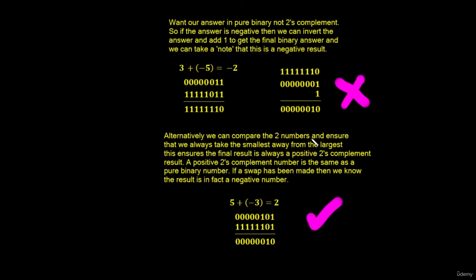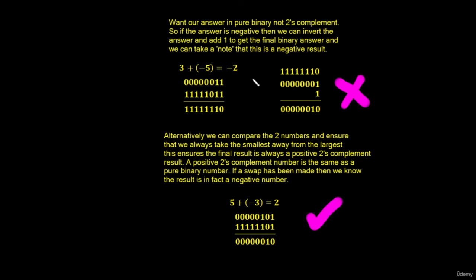So for example, we're looking at the numbers 3 and 5. And what we can do is find the smallest number. In this instance, the smallest absolute number is the number 3. So we can ensure that we always take away the smallest number from the largest number. That'll always ensure that we end up with a positive value.